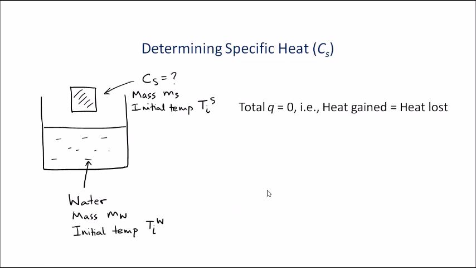Then, by using the equation here, which basically says that heat lost is equal to heat gained, we can find Cs, which is the specific heat of the substance.